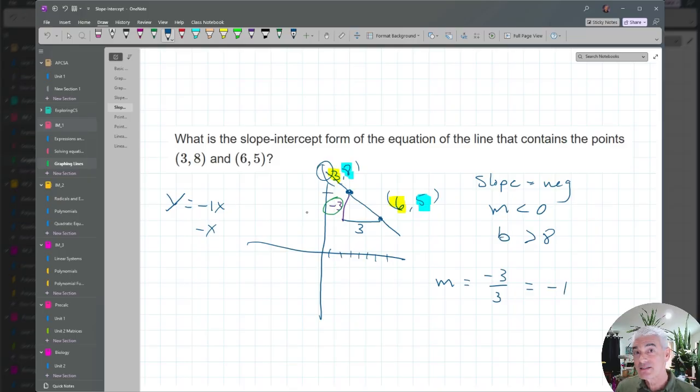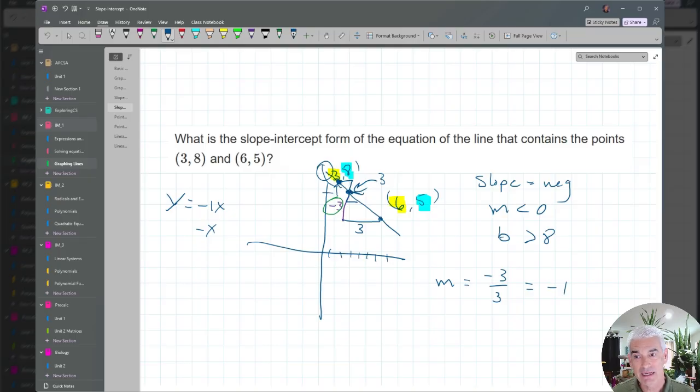At this point, sometimes you get lucky and you can just use that slope to work your way backwards. So I know I go down 1 over 1. I could go up 1, back 1. So here, this would be 2, 9, because this point here had an x coordinate of 3, so this point is going to have an x coordinate of 2, and a y coordinate of 9 because this one had a y coordinate of 8.